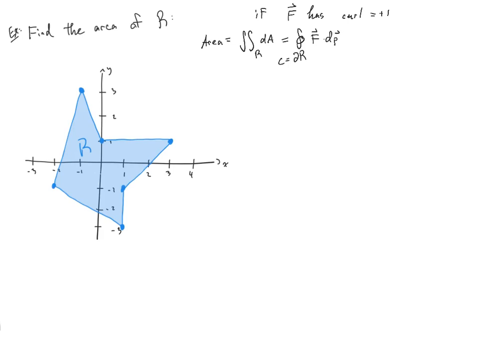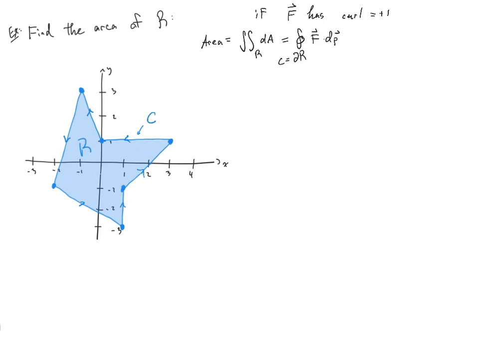And when you split the boundary of R up into all these pieces, it's essentially a bunch of sub-pieces, which are each oriented counterclockwise, each of which is a line.